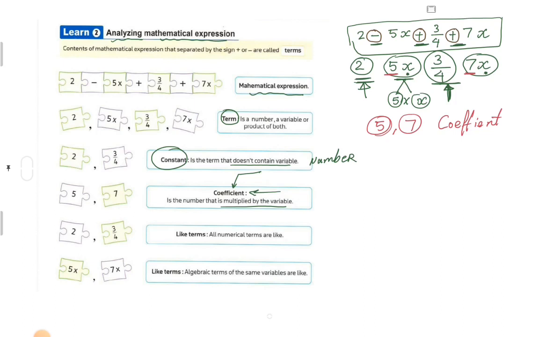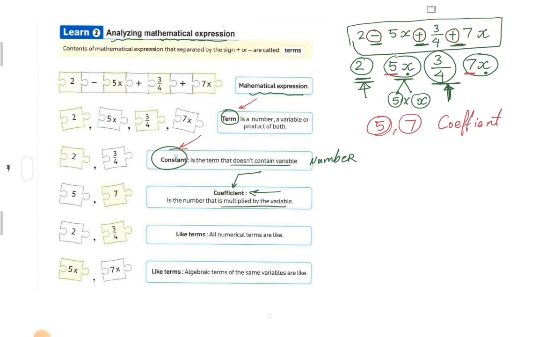Again, in between any terms we have a sign of negative or positive, like 2 and 5x and 3 over 4 and 7x. That's called a term. Where's the constant?